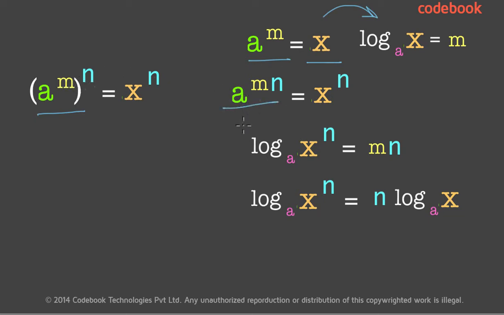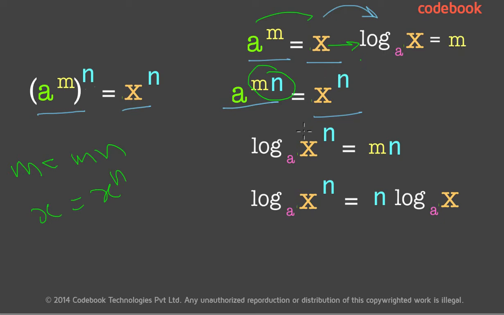So the left hand side becomes a power mn and the right hand side is still x power n. If you observe this, this is in the form of the general expression itself, where m is nothing but mn, and if you consider x power n as one single number, it is exactly in the form of a power m equal to x, where m is nothing but mn and x is equal to x power n, and we know that this expression can be expressed as log x to the base a equal to m.